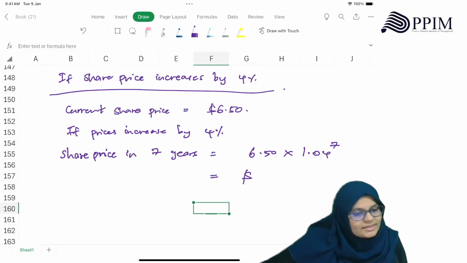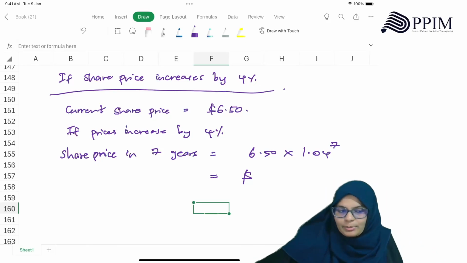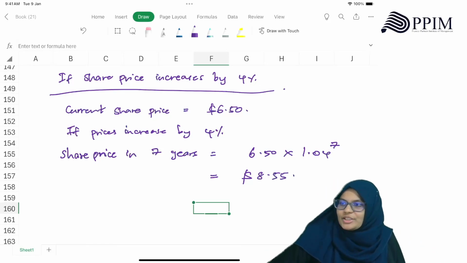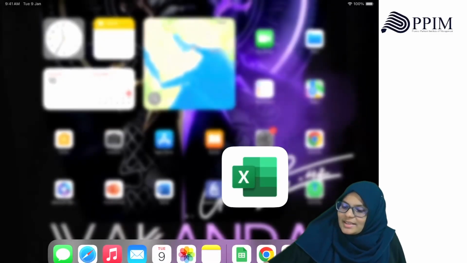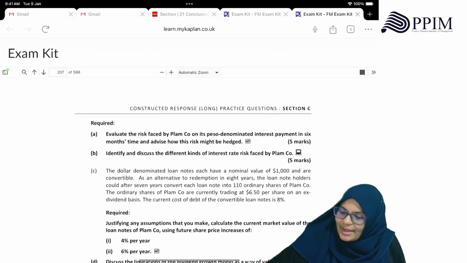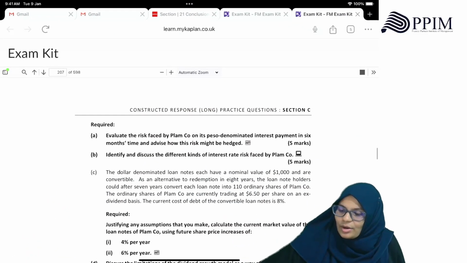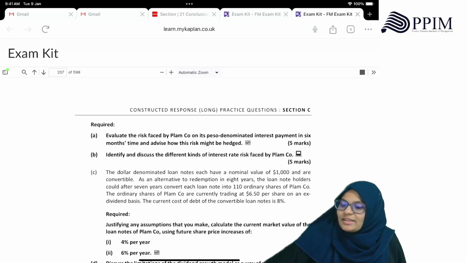So in 7 years time, share price will actually be 8.55, if the share price increases by 4%. Now what are they telling me? In 7 years, for every loan note that I have, I can get 110 ordinary shares. So if one share is worth 8.55, the total value of this conversion will be 110 into 8.55.